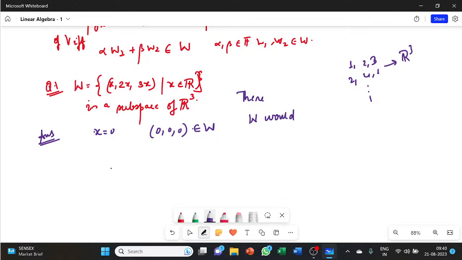Because (0, 0, 0) is there in W. So clearly W would be a non-empty set. Yes or no?